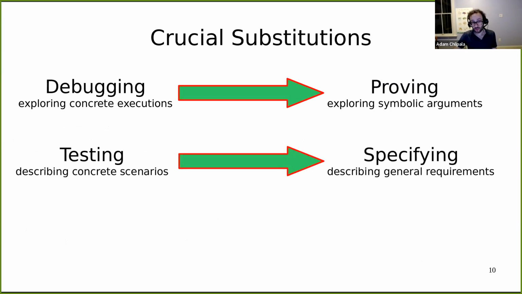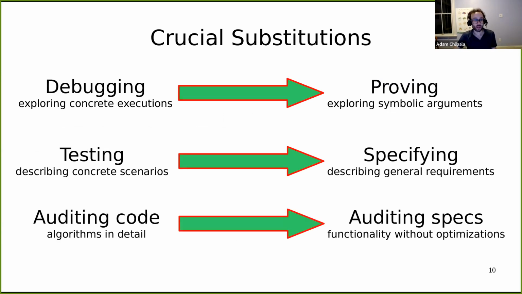Take effort that traditionally goes into testing, where we have to make careful lists of different scenarios to exercise a system with, and move some of that effort to specifying, where we give completely general mathematical characterizations of which behaviors are correct. And take some of the effort that we put into auditing code for implementations and move it into auditing those specifications, which we hope are significantly more tractable to read.